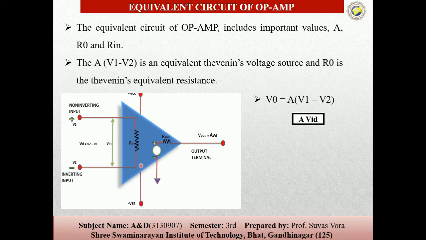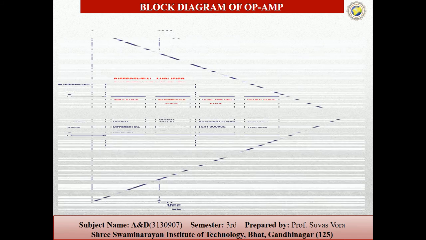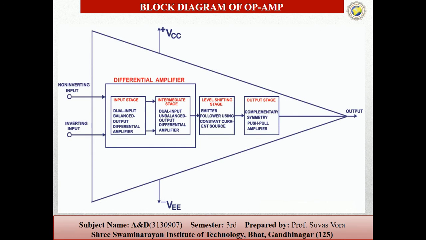So we can see here this is the input differential voltage, where A is the voltage gain, VID is the differential input, V1 is the non-inverting input and V2 the inverting input. So this is the basic block diagram.